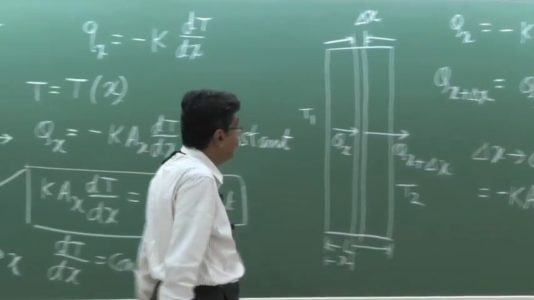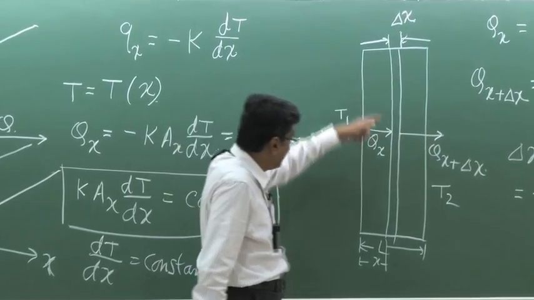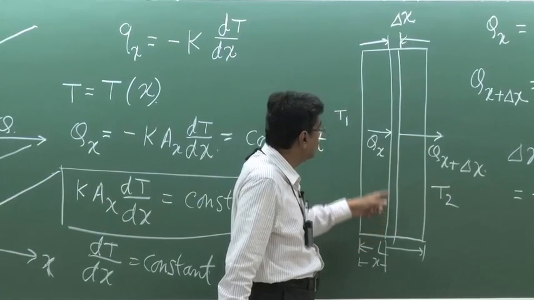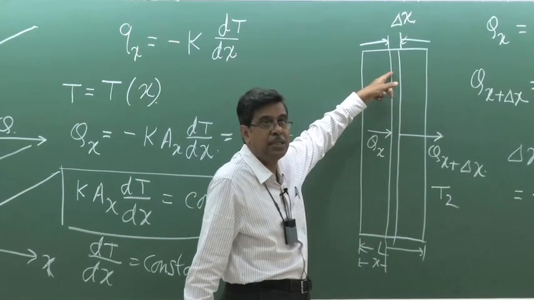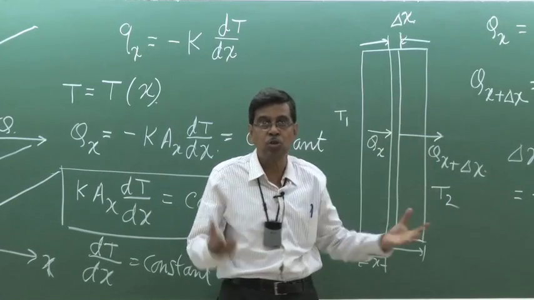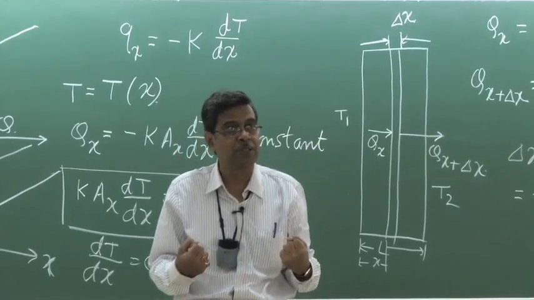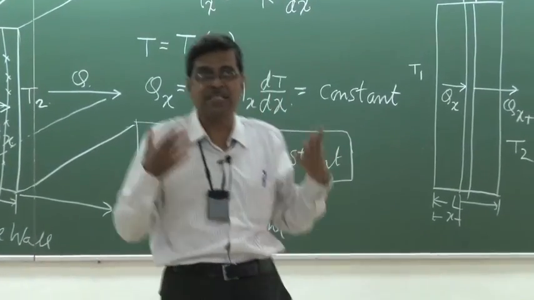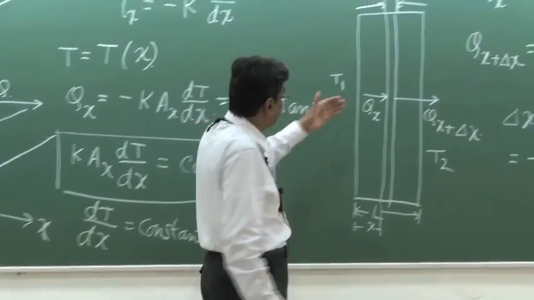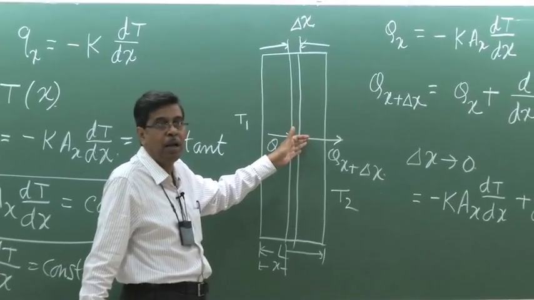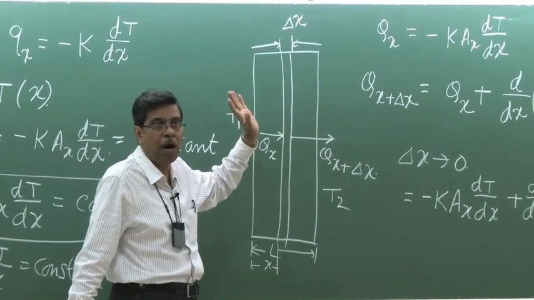Now, if it has to be at steady state, there should not be any generation of energy within the element, or any absorption of thermal energy within the element. That means the element will act as a transparent element. Whatever it receives, it will allow to go out.